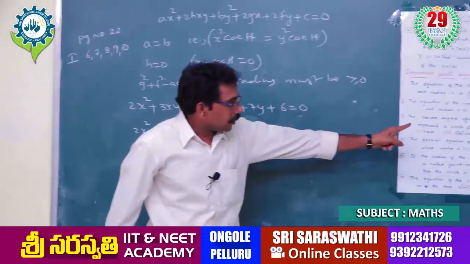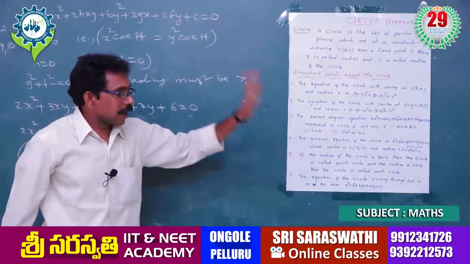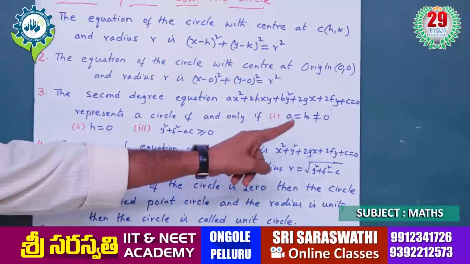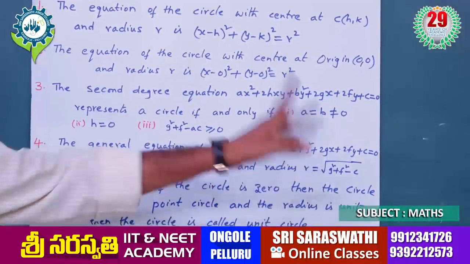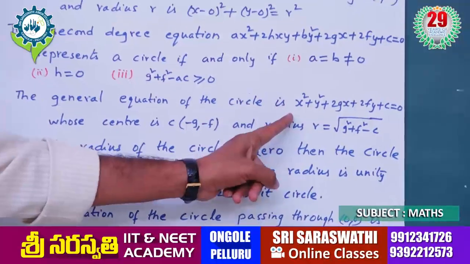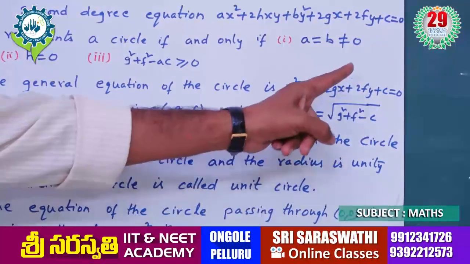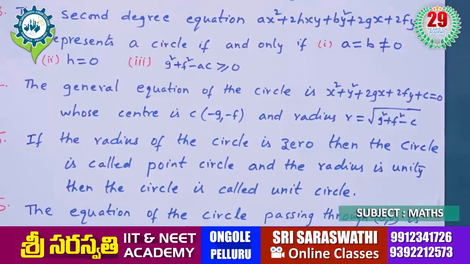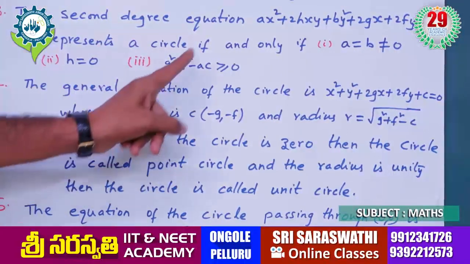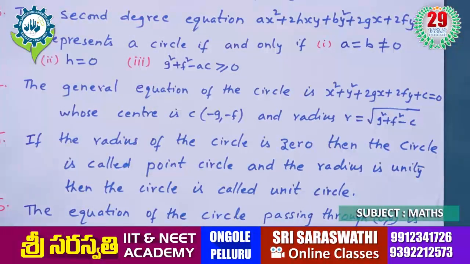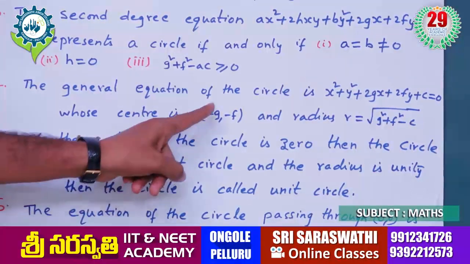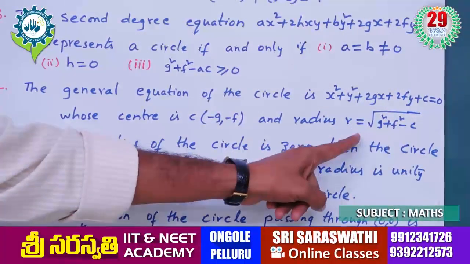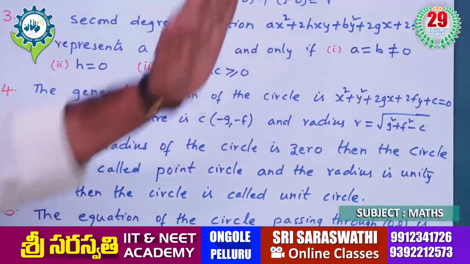Next point: the general equation of a circle is x square plus y square plus 2gx plus 2fy plus c is equal to 0. That equation is nothing but the general equation of a circle, and its center is minus g comma minus f, and radius is square root of g square plus f square minus c.